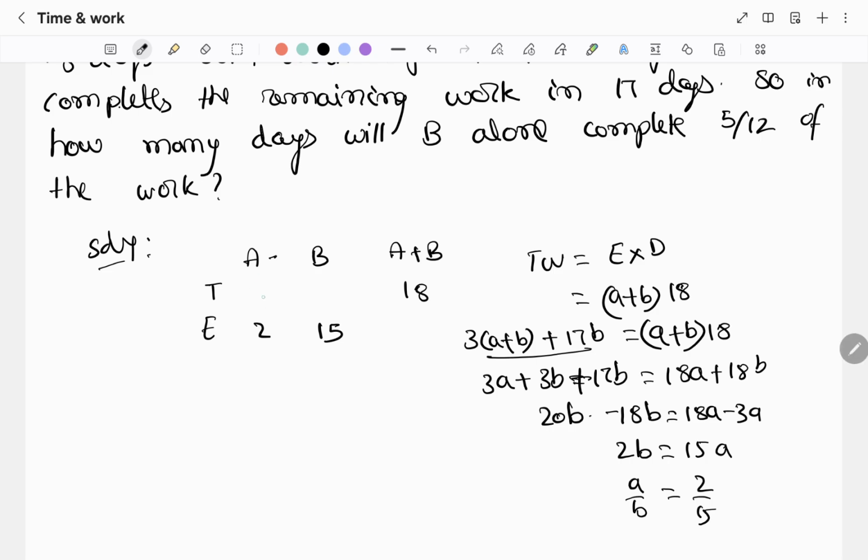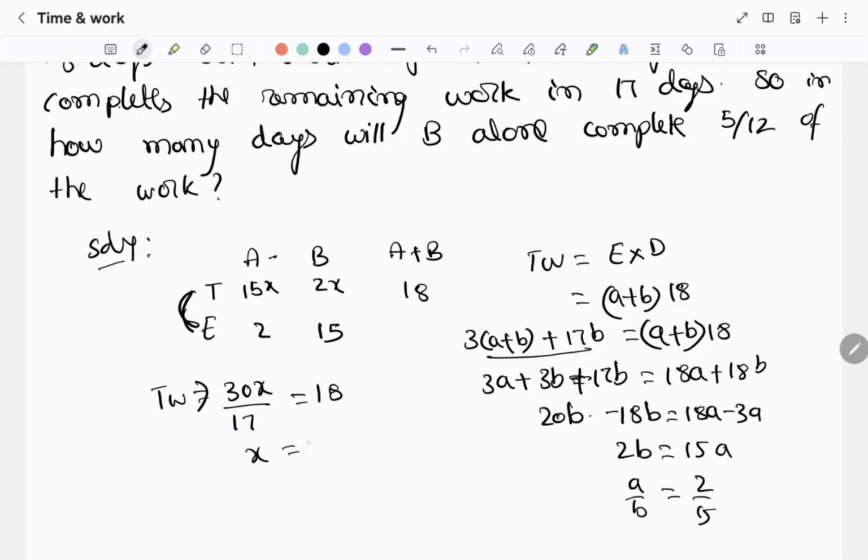Time will become the inverse ratio, which means 15 and 2. Taking the ratio as 15x and 2x, total work is equal to time into efficiency. Multiply both: 15x into 2 is 30x. Total efficiency is 2 plus 15, which is 17, into 18.